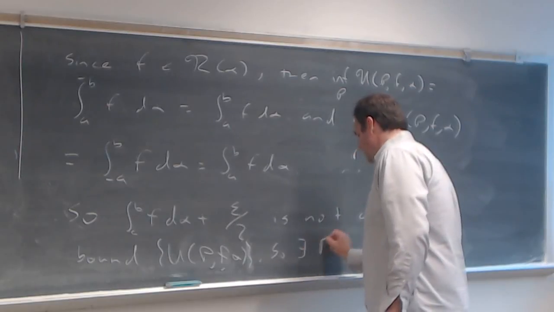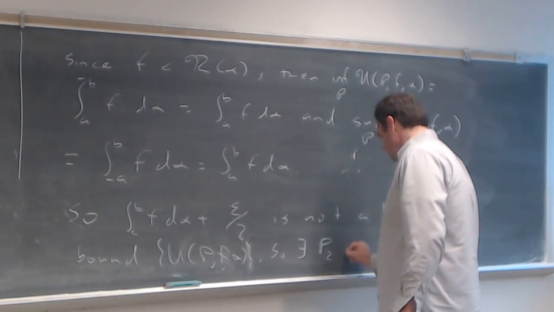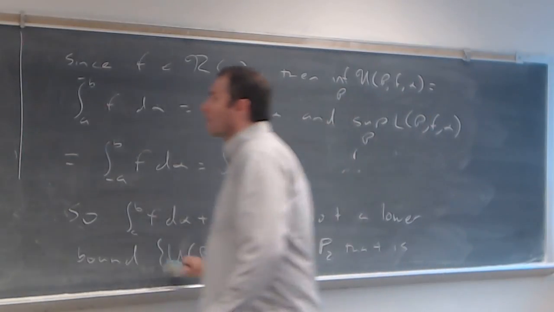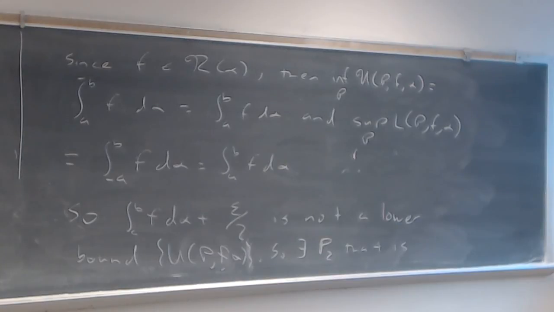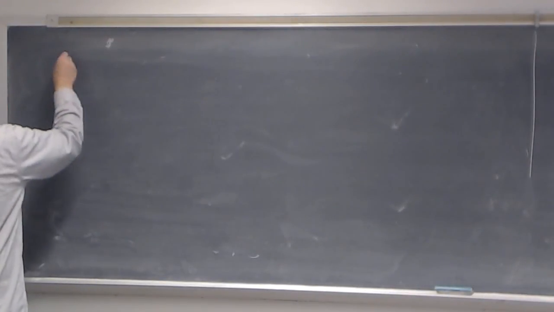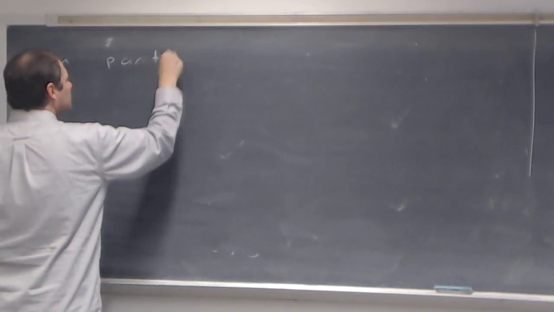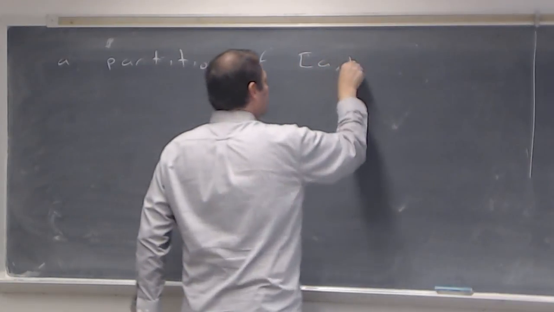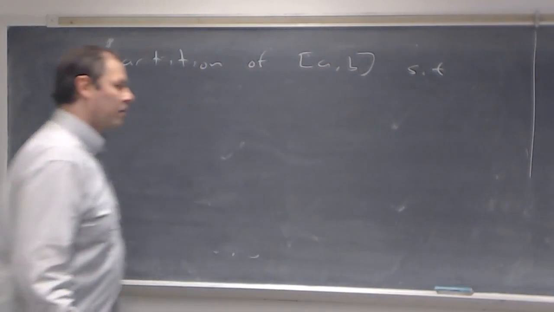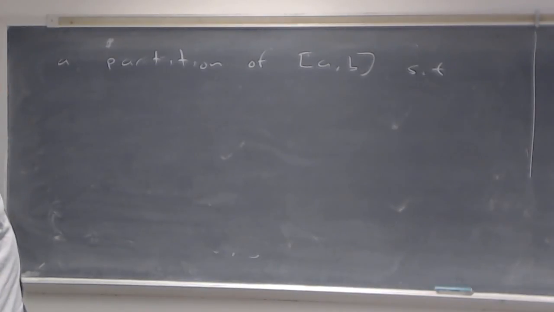So there exists a P2, this partition, that is a partition of A to B such that, okay, this was a little bit more than the Riemann-Stieltjes integral.